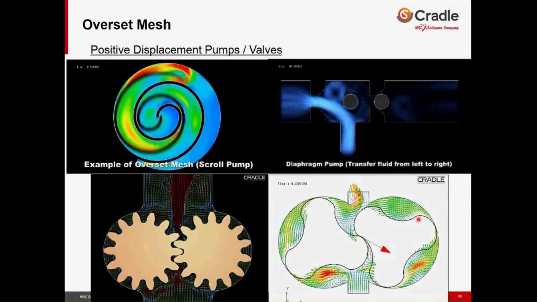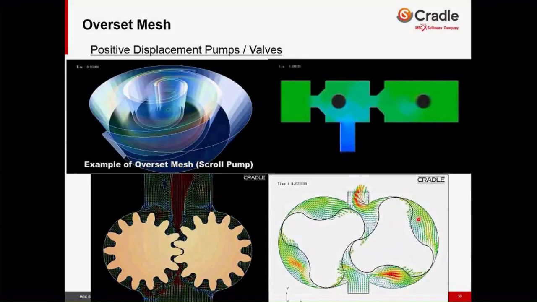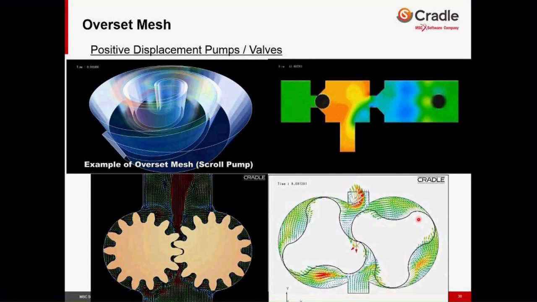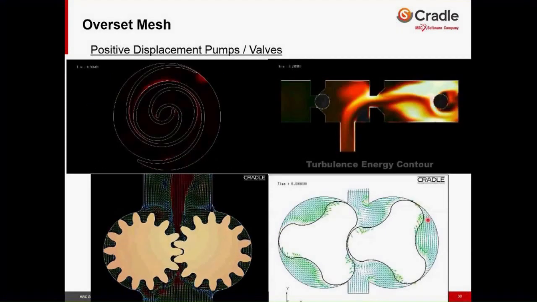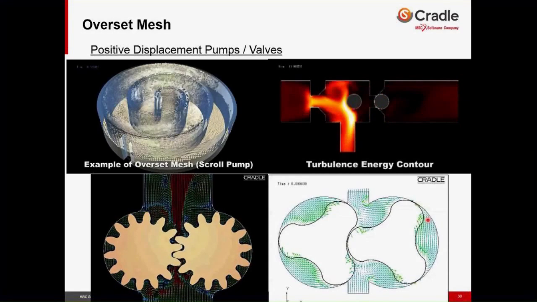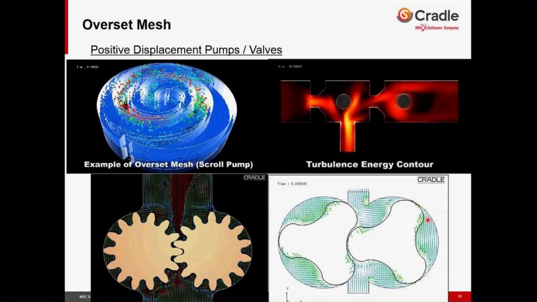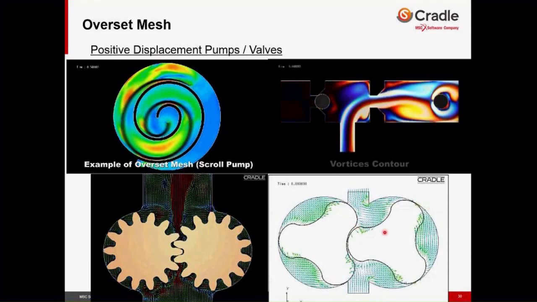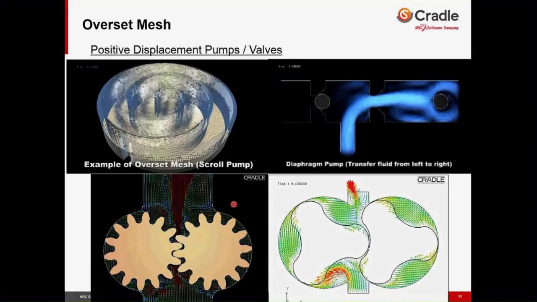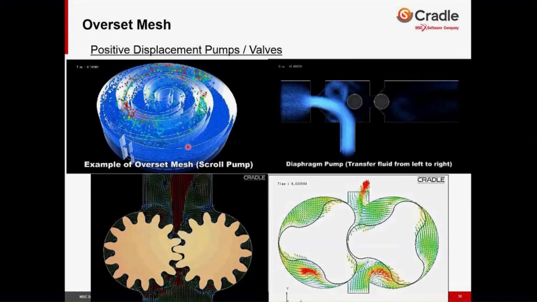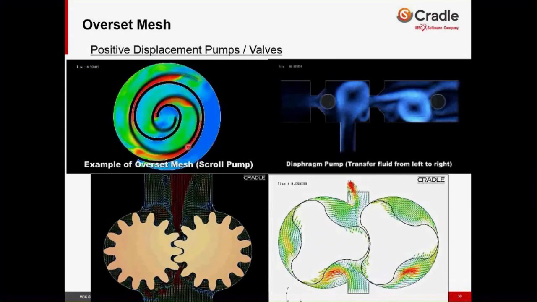All these pumps that you are looking at, some of them are pumps, some of them are valves, some of them are blowers, but all of these have something to do with motions that have contact. Top left, it's a scroll compressor or scroll pump.